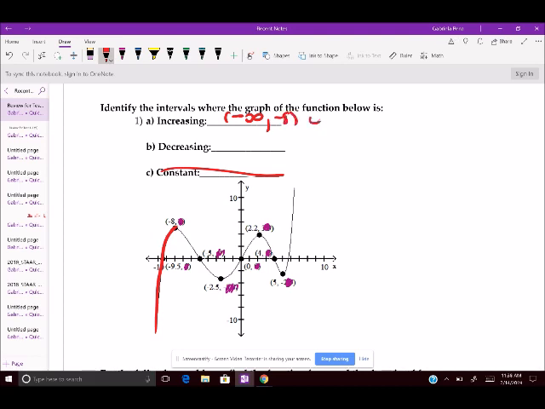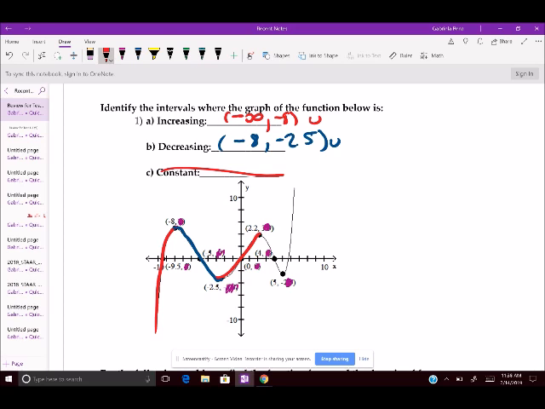Union. Then from here to here, what is the graph doing? Decreasing. So that is from negative 8 to negative 2.5. Then from negative 2.5 to here, what's happening? It's increasing.